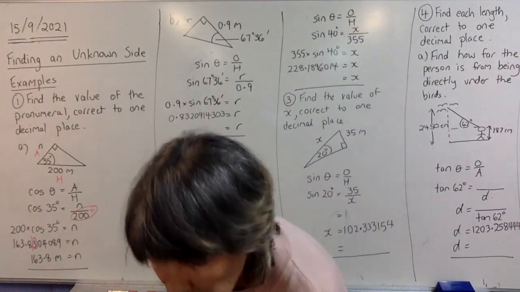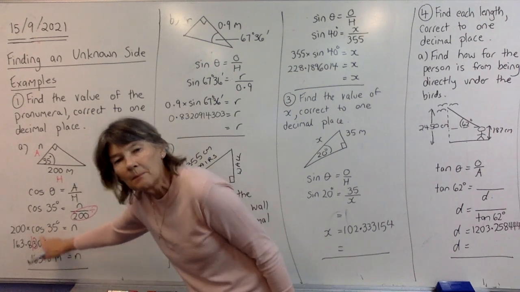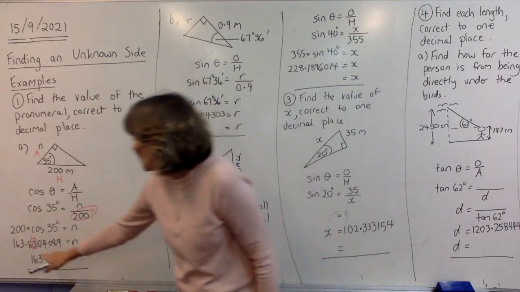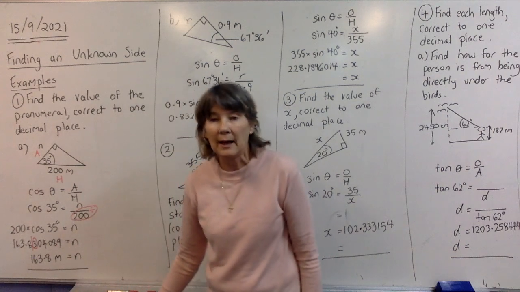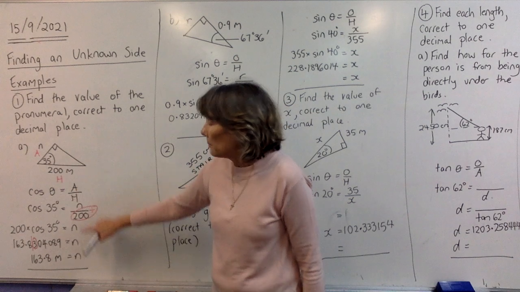So we're going to 1 decimal place on this one. So draw your line after 1 decimal place. The next digit we circle, that's less than 5. So that means you're going to keep the number before the line as an 8. So that's your answer, 163.8, and we're in metres.